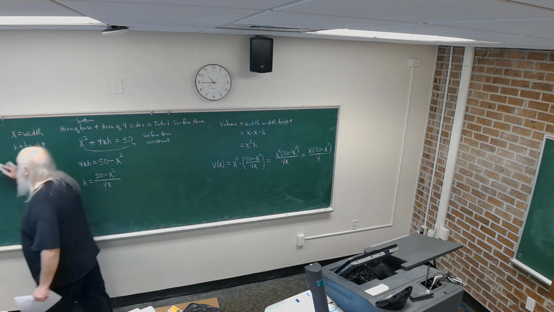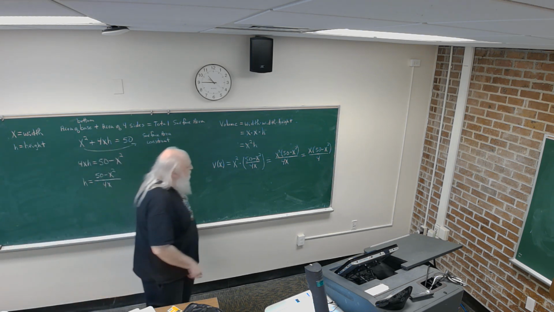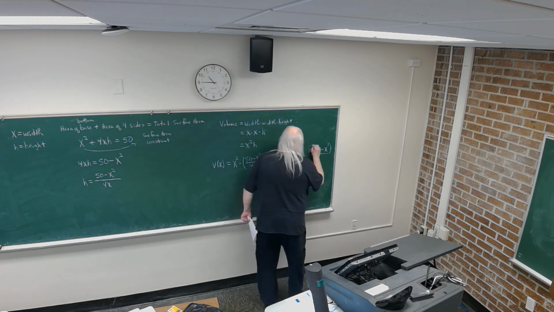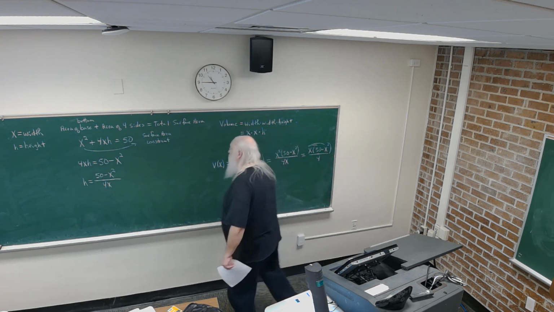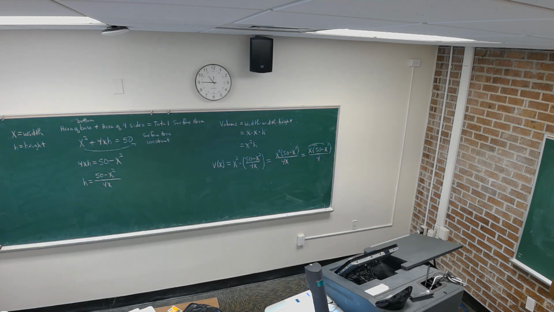And so we have the volume as a function of x. I distribute the x inside the parentheses, and I have 50x minus x cubed over 4.